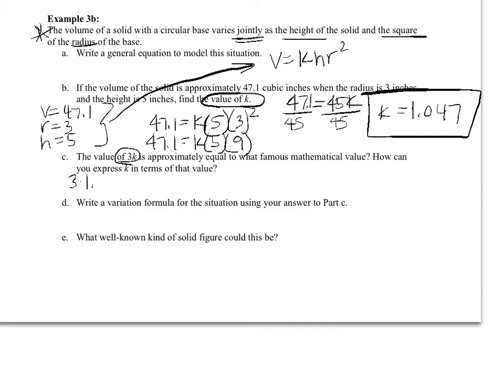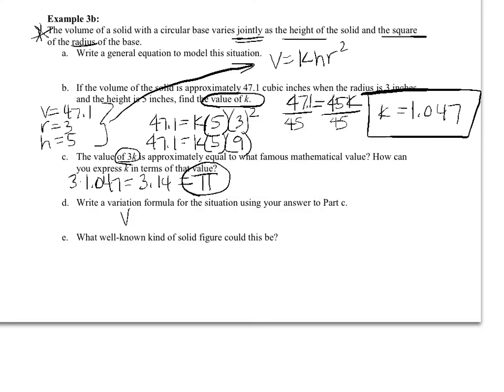In C, the value of 3k, so 3 times k, so 3 times 1.047 equals 3.14, which we know is pi. So how can you express k in terms of that value? 3 times k is pi in this case. D, write a variation formula for the situation.